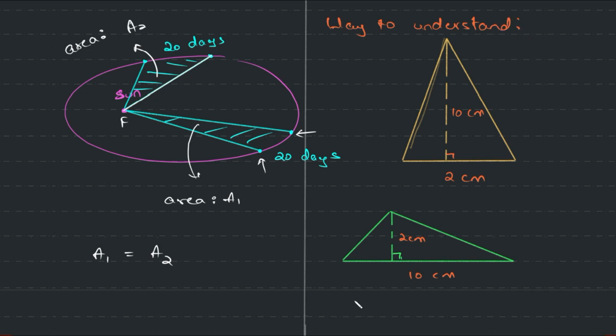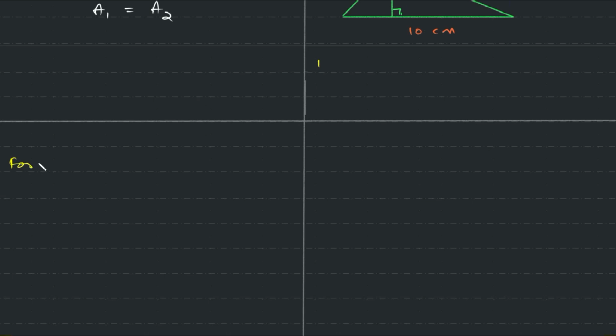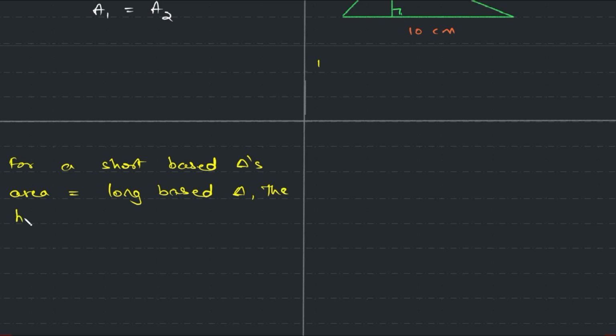A synonym of sort. So for a short based triangle to be equal to a long based triangle's area, the height has to be longer in the first triangle in comparison to the second triangle.